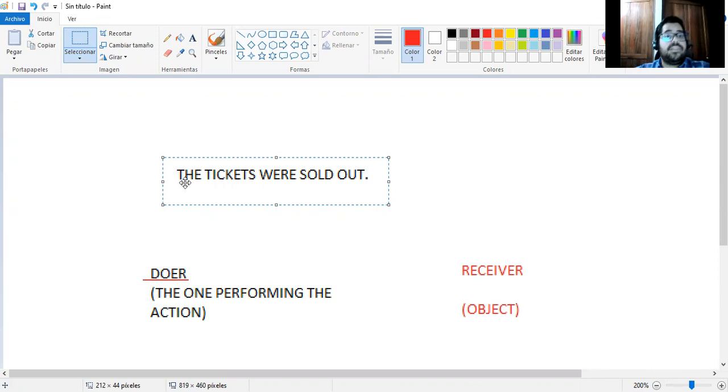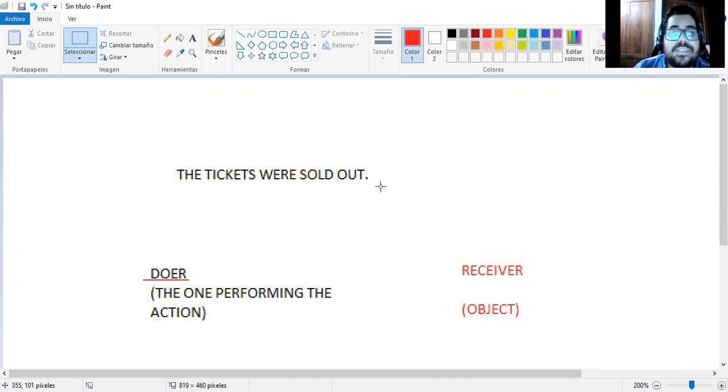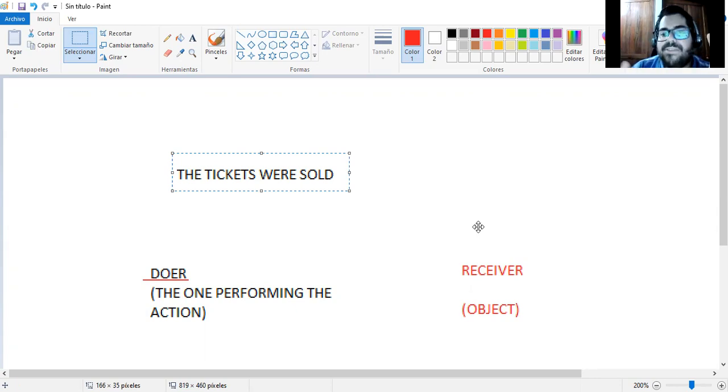Well, sold, guys. The tickets were sold. This is a passive voice, right? And take a look, guys. We're going to try to switch, because this is passive voice, into active. But teacher, wait. From passive to active.